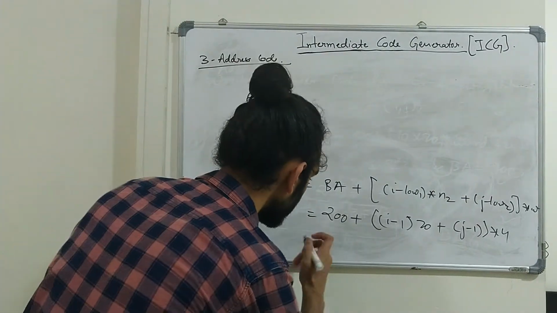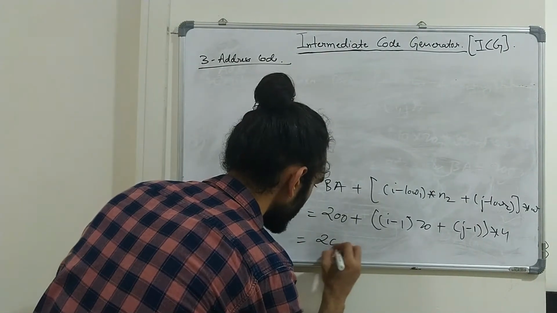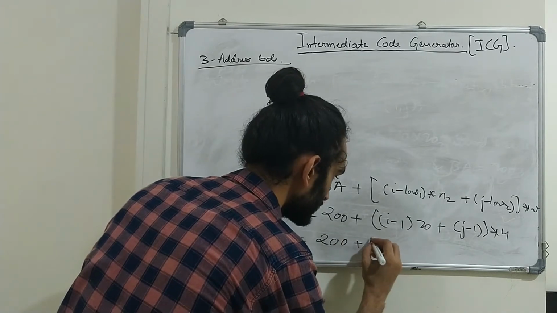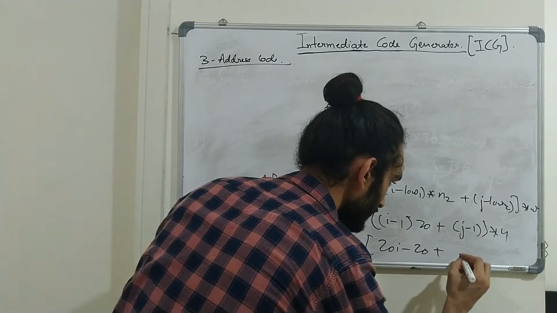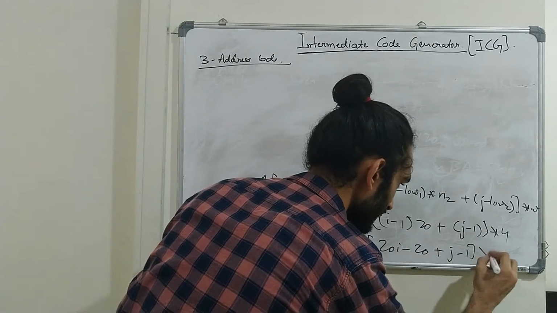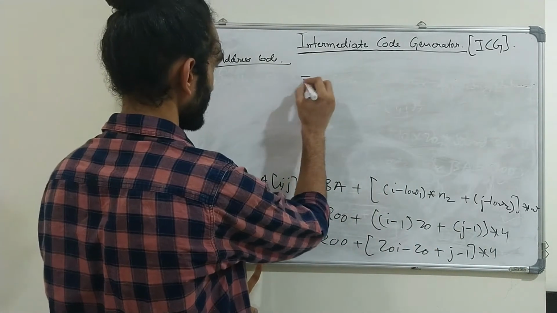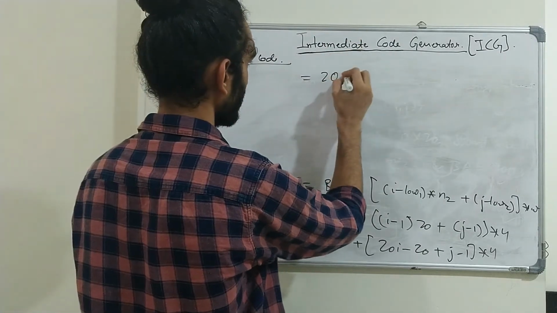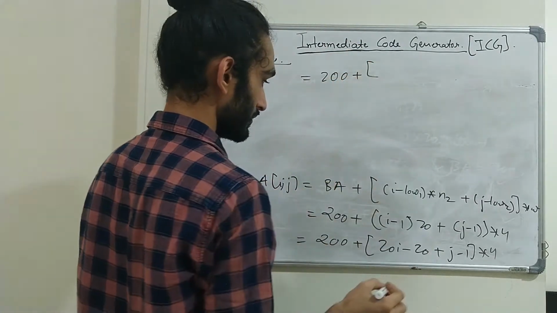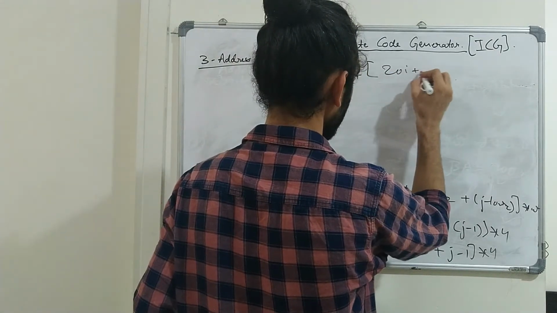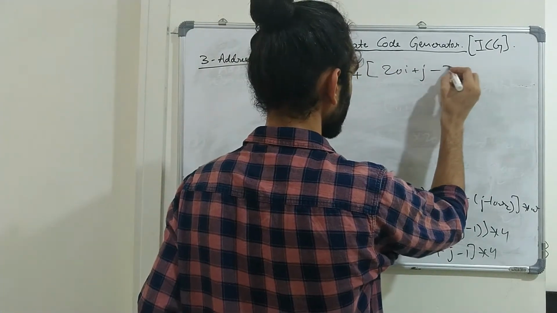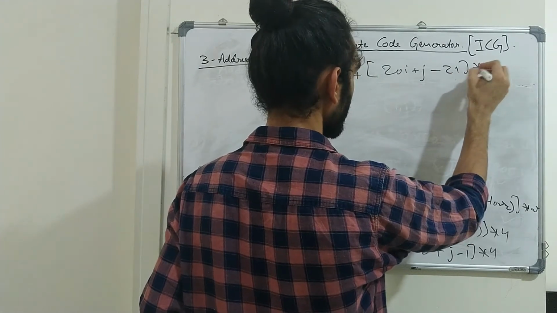Right, so this is going to be 200 plus (20i minus 20 plus j minus 1) into 4, that is going to be 200 plus (20i plus j minus 21) into 4.